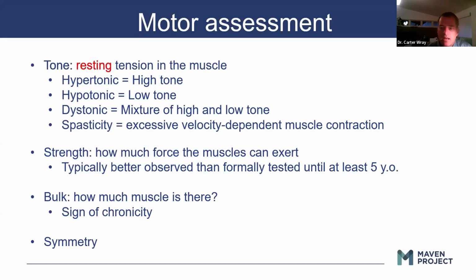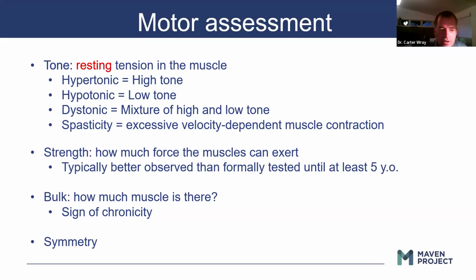You could sometimes get a precociously developmentally awesome 5-year-old who might give you muscle force in a requested, challenged way, but really most of motor in young children is going to be observing what they can do, asking them to do things that require a lot of strength, like standing up, doing squats. Those are great ways to see if a child is strong or not. But saying, can you push against me, is just not likely to work real well until, like I said, you're talking about middle childhood.